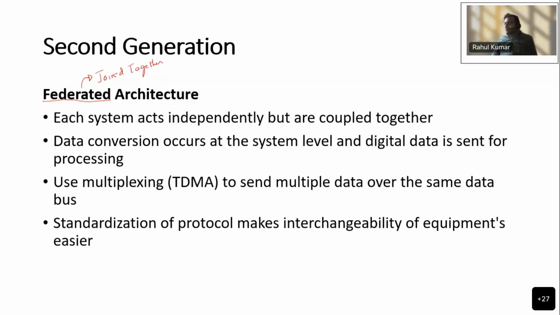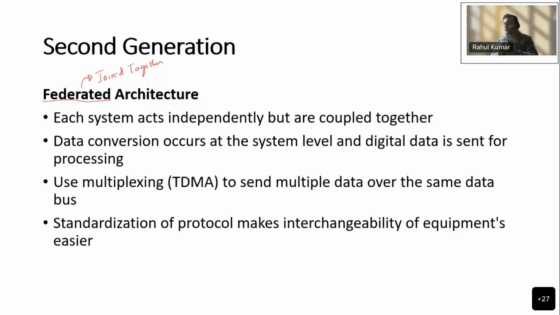So data conversion occurs at the system level instead of at the computer, as in the case of centralized architecture, right? So data is sent in digital form.